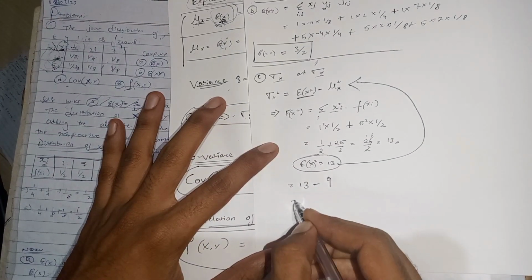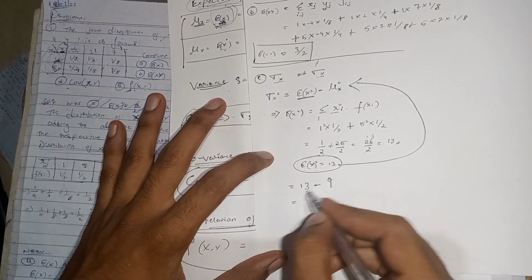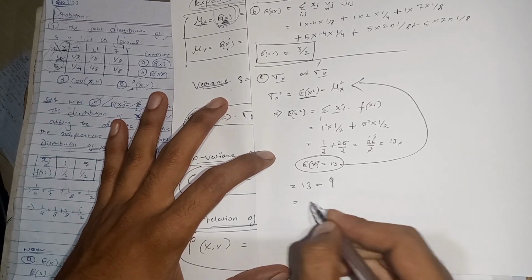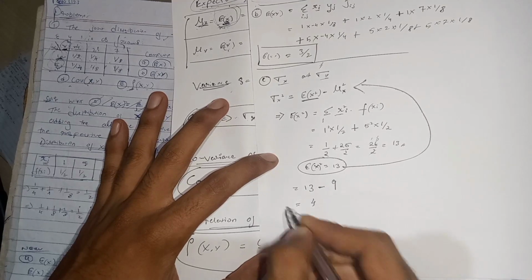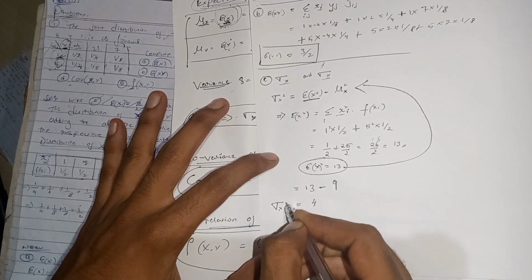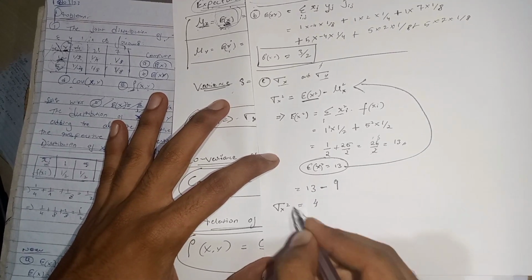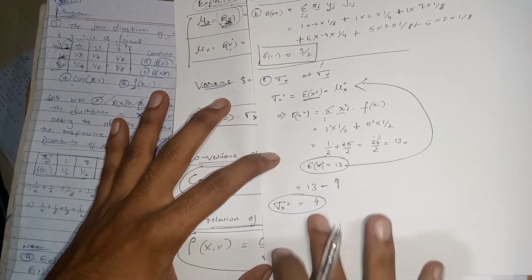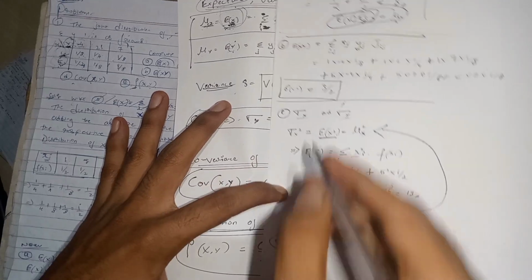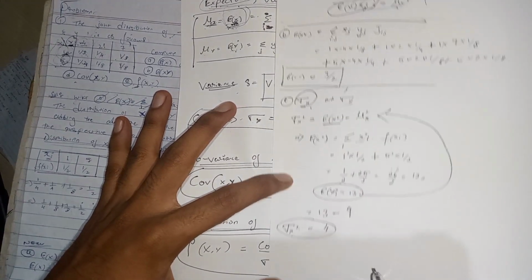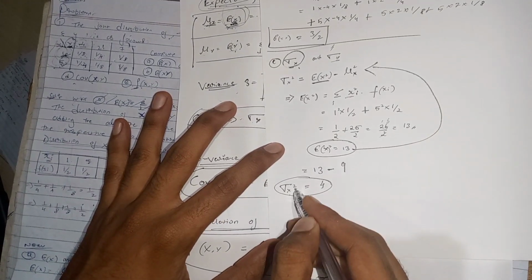Now 13 minus 9 is nothing but 4. This is the value for sigma x square. This is correct. But what I need is sigma x, so the extra thing is only the square.